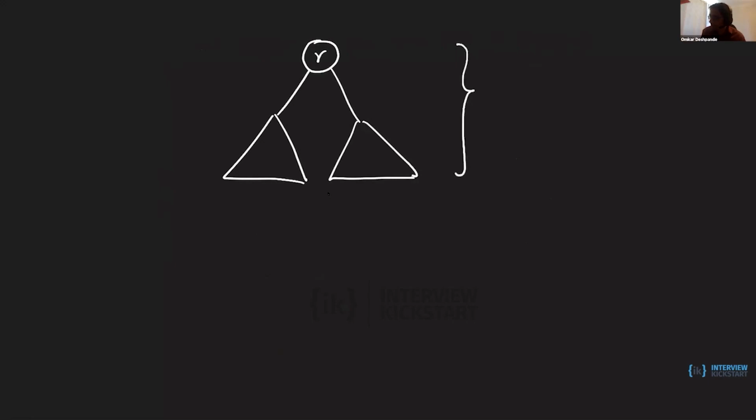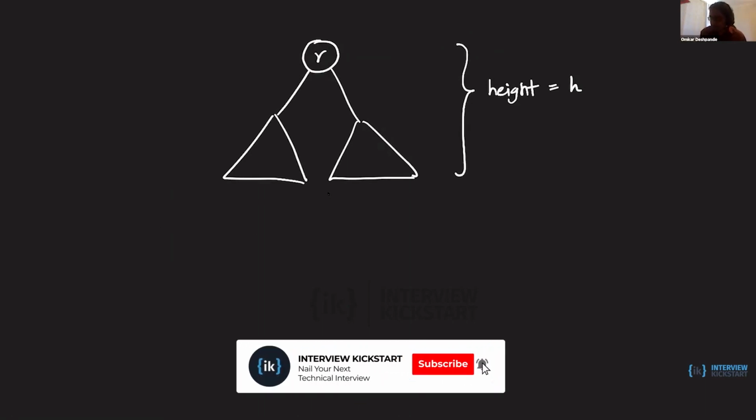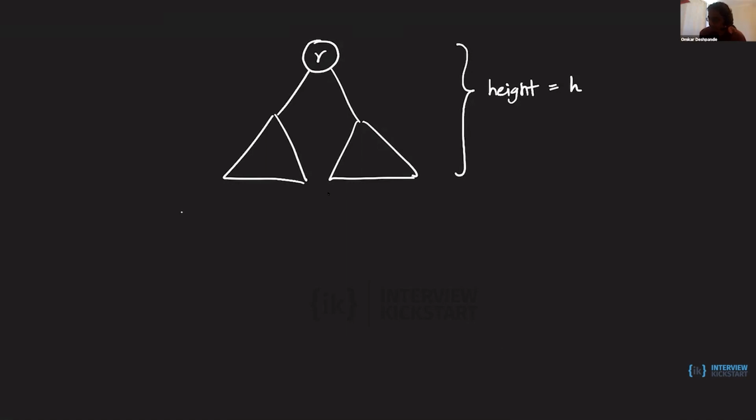Let's say this is the root, this is the left subtree, this is the right subtree, and let's assume that the height of this AVL tree is h. So the number of nodes, so I'm going to let n of h be the minimum number of nodes.